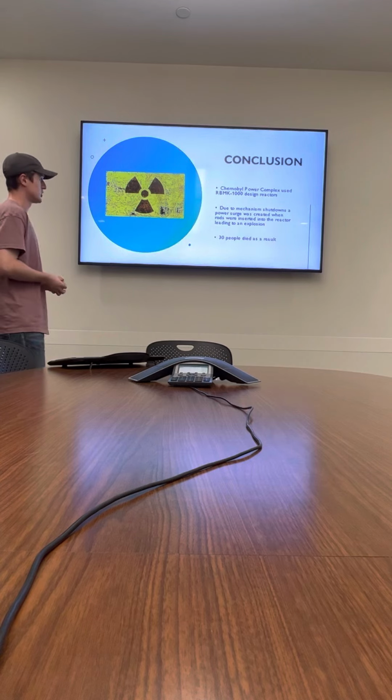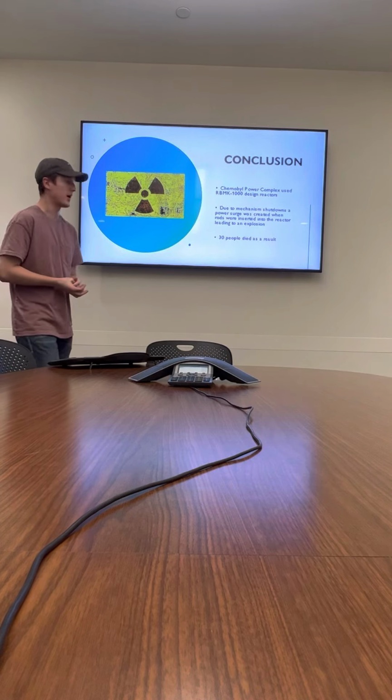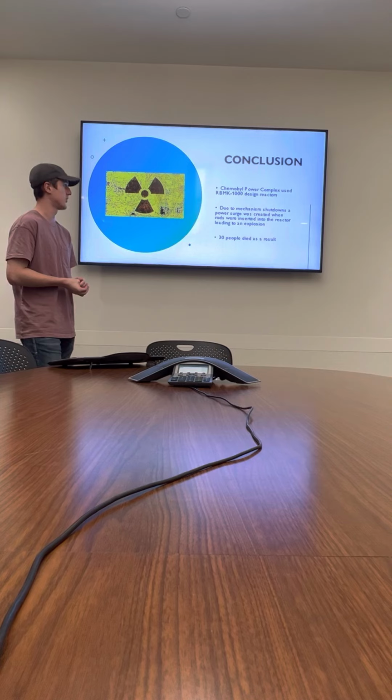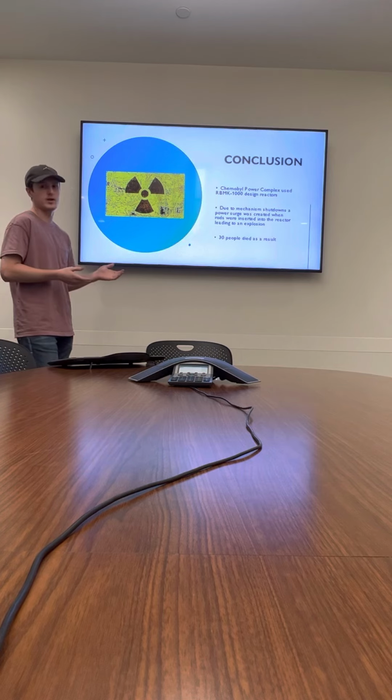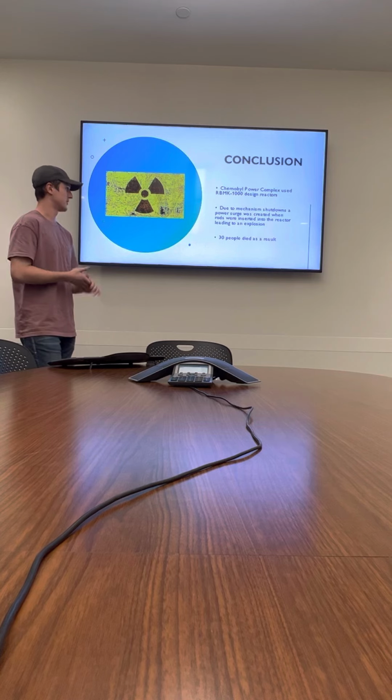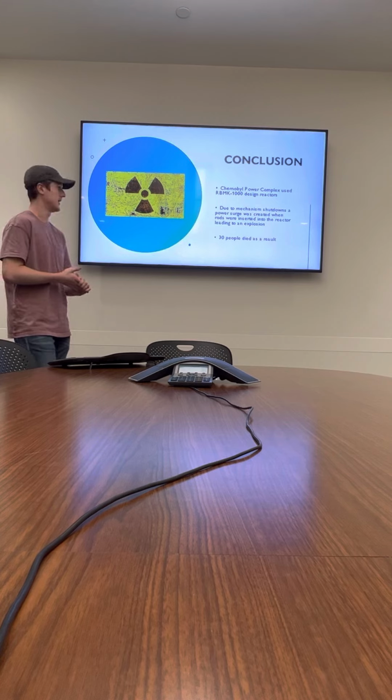So in conclusion, the Chernobyl power complex used RBMK 1000 design reactors, and there were 4 of them, units 1 through 4, and the one that actually exploded was unit 4. And due to mechanism shutdowns, a power surge was created when the rods were inserted into the reactor, leading to a powerful explosion.